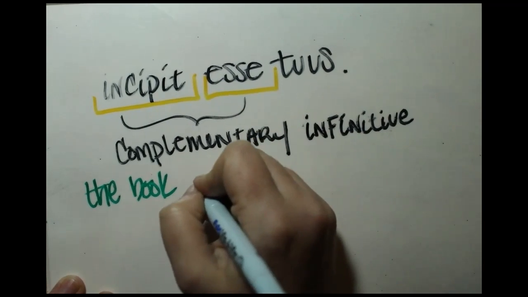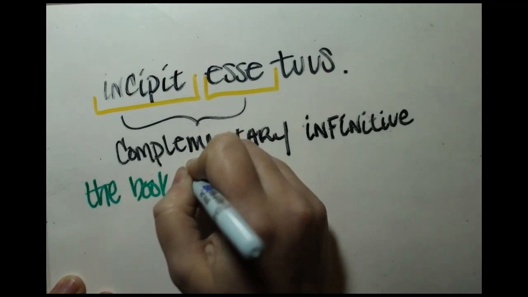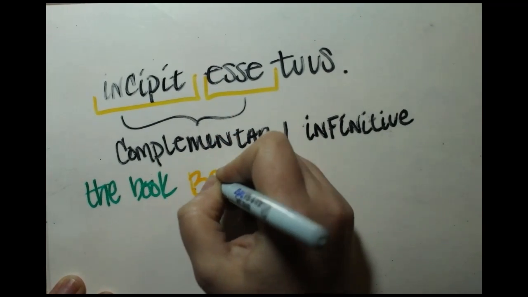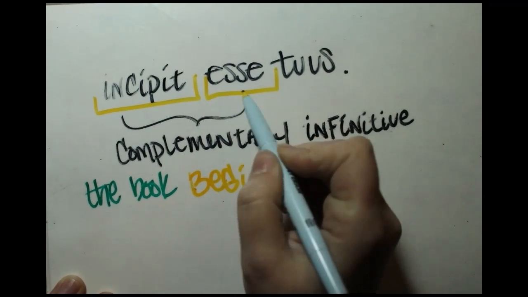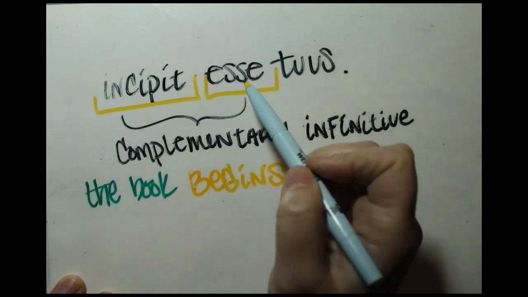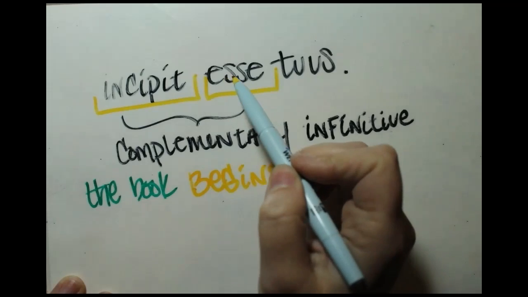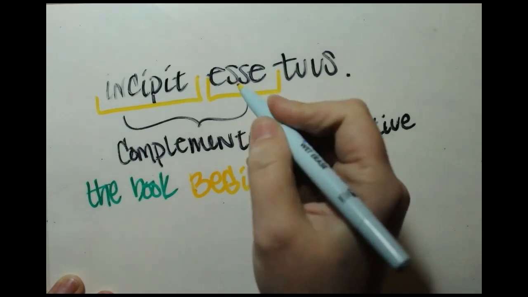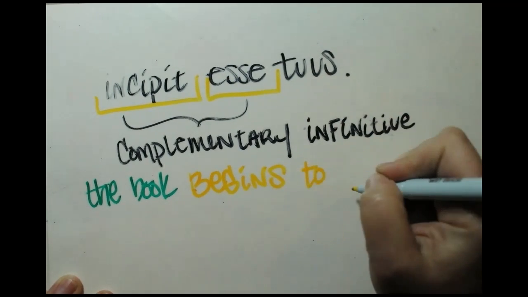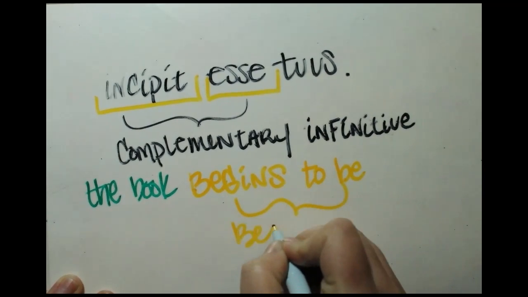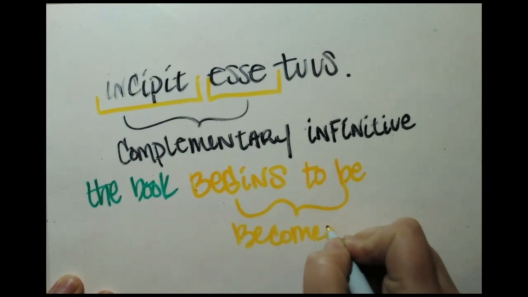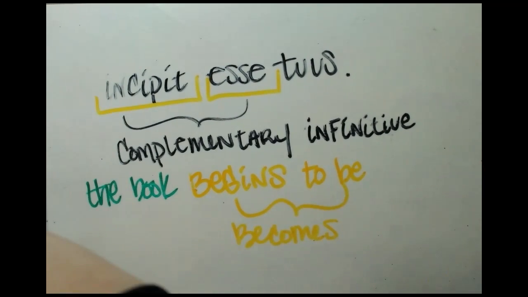The book, it begins. It begins, and then esse here is the infinitive for sum, to be. It begins to be, or it becomes. Take those together, you make becomes.